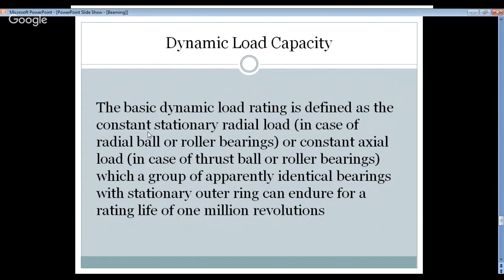This is a tough definition, but in an easy way, we may state that for 1 million revolutions of a particular bearing of the same type, the load, either radial or axial, acting on it is termed the dynamic load capacity.